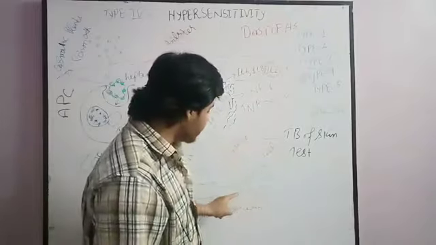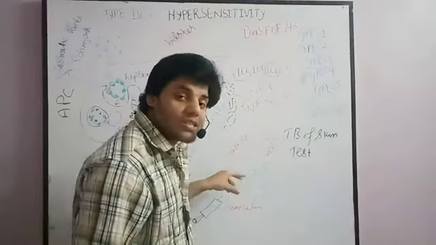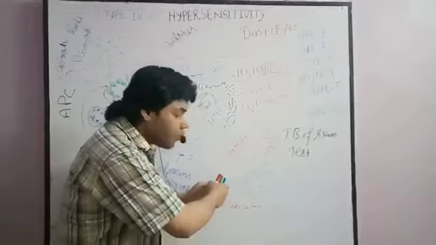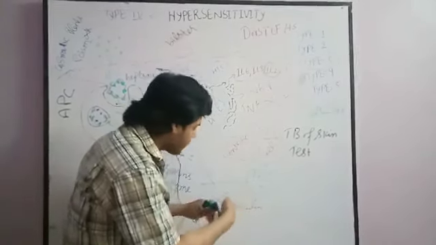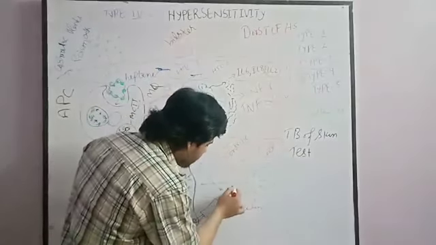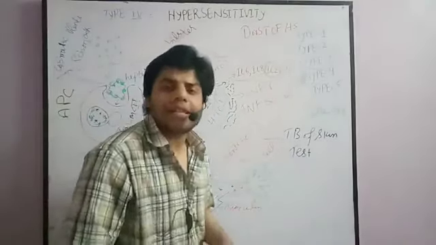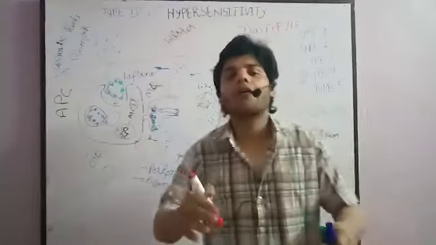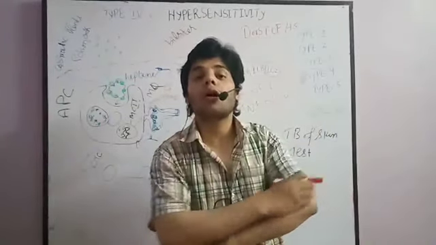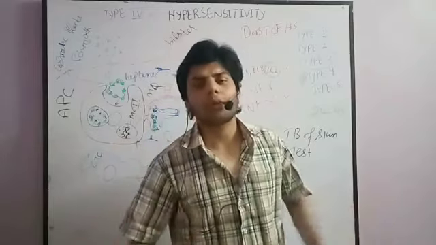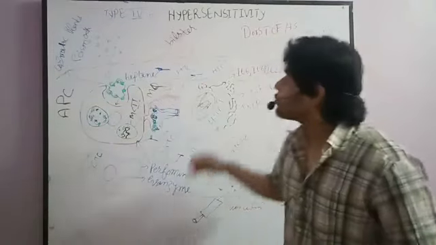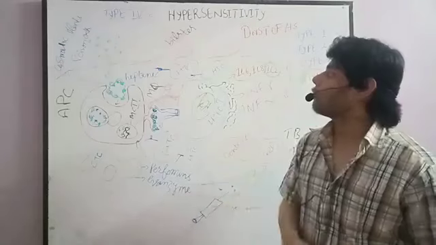If a blister or rash appears at the injected site, where we injected, then we can predict that such patients have tuberculosis bacteria; this is the positive result. So that's all about type 4 hypersensitivity.